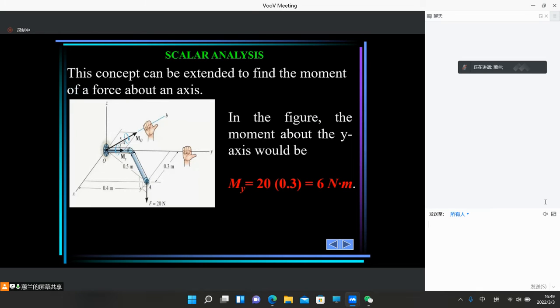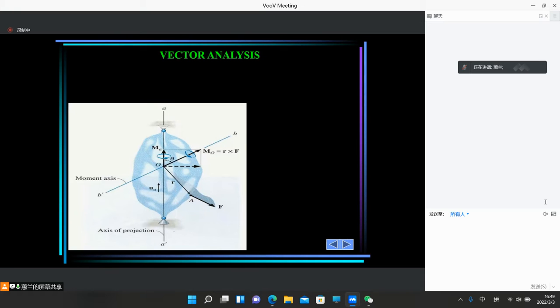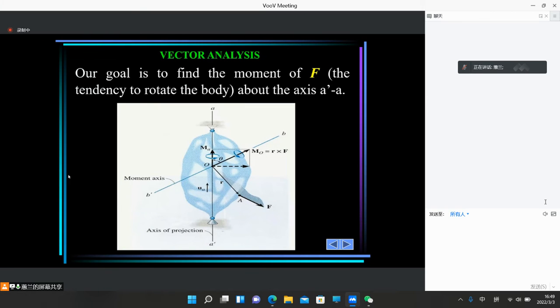Definitely, you can calculate the moment about an axis with the 2D approach, but it's not easy because it's not easy to find the moment arm. So again, we prefer the vector analysis. For example, here, we need to find the moment of F about axis AA prime.